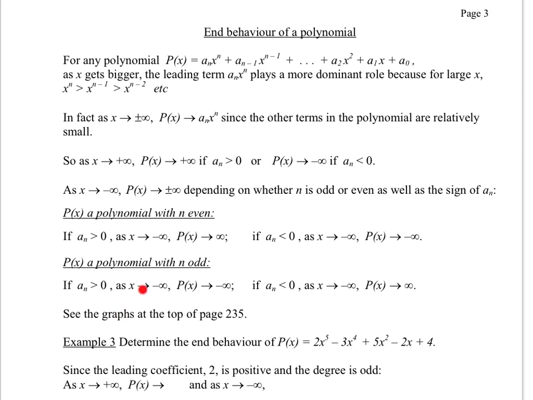It's going to start at the bottom left, end at the top right, unless the number before it is a negative number, in which case it starts at the top left and ends at the bottom right. And later I'll show you the graphs that correspond to this. It might make more sense when you see the graphs.